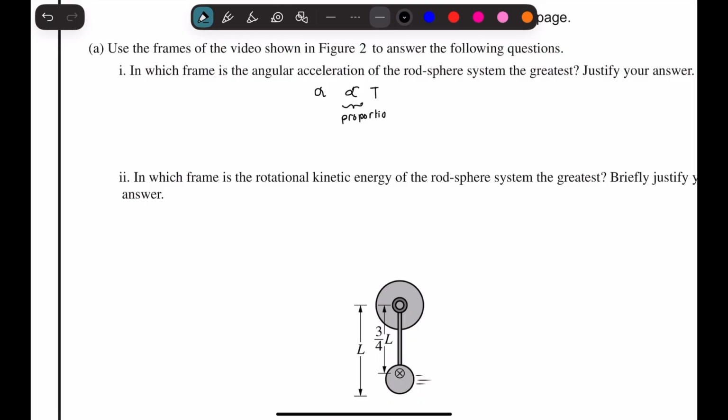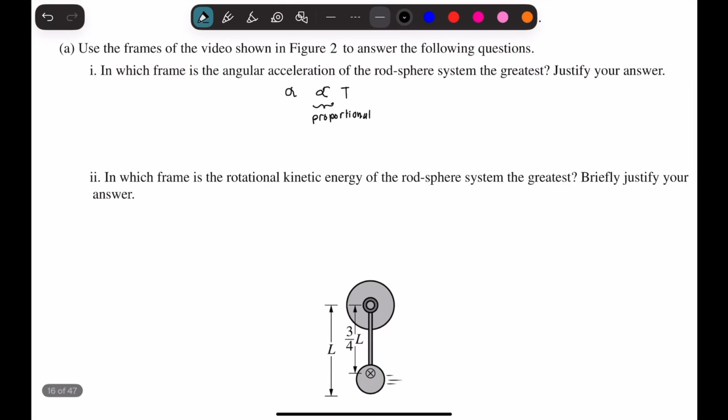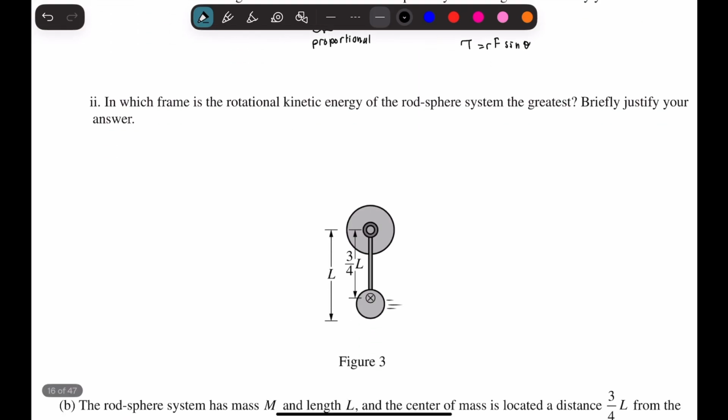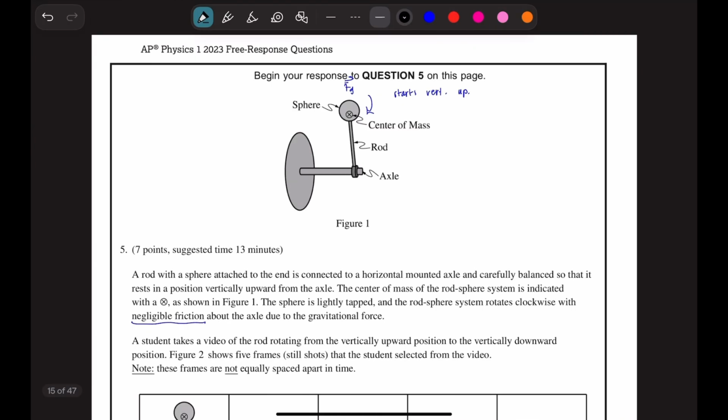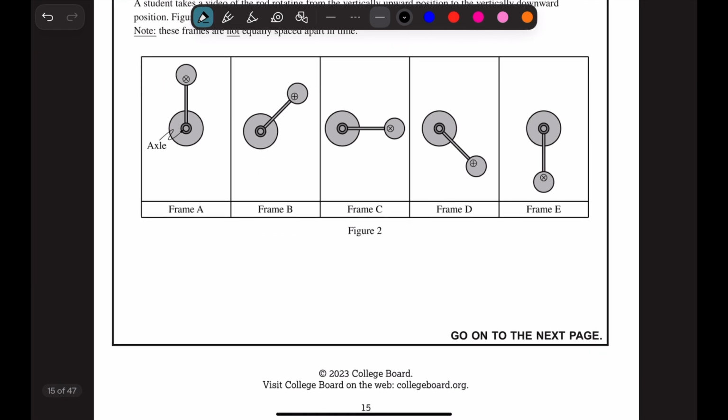The symbols look very similar, so I just want to make that clear. And we know that the torque from gravity is going to equal r times F sine of theta. So we want to find where the angular acceleration is the greatest.